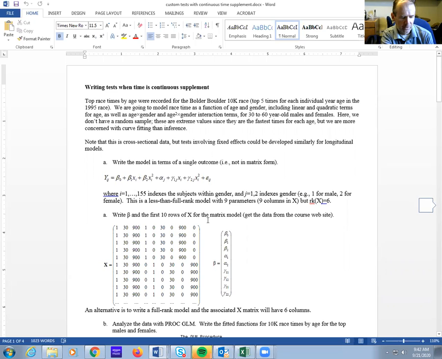So for example, if you want to estimate something in the first level of a group, you would put a 1 and then a 0 and a 0. You just indicate which level you're interested in estimating. How do you do it though if we have a continuous variable? Well, the way that you think about it is, again, like for a model, and in this case I'm talking about Boulder data.